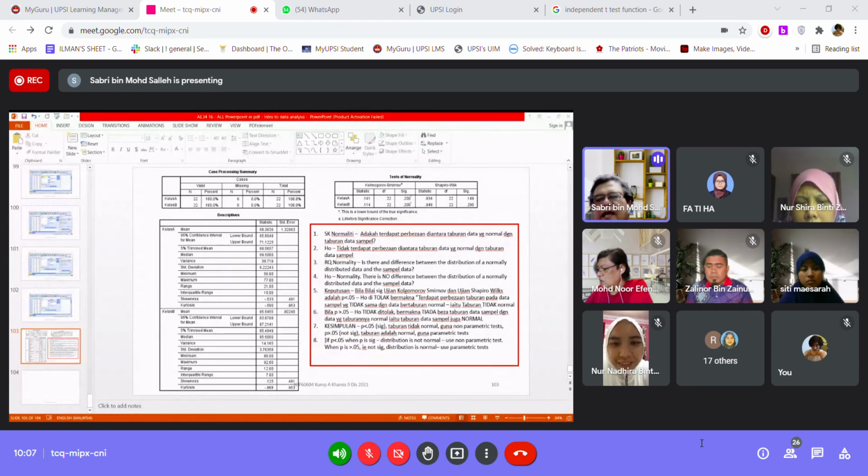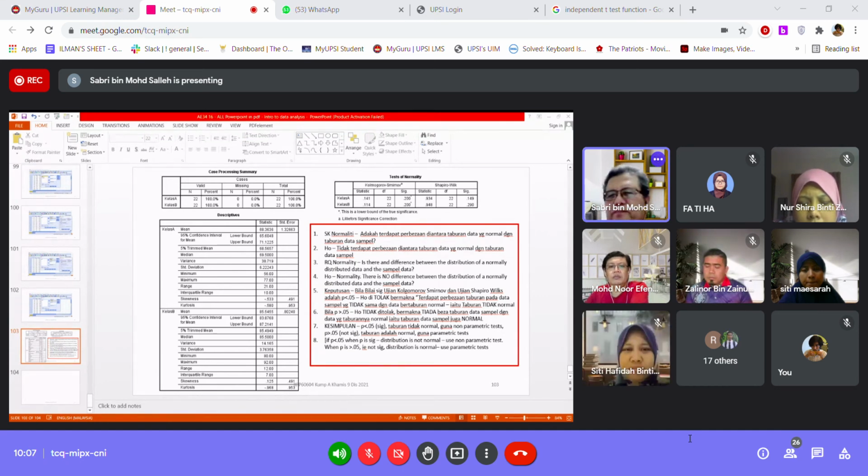Okay, sekarang ni kita dah go through independent t-test, untuk look at two independent groups. Independent t-test, we have full normal distribution, dengan sekiranya kalau tak, Mann-Whitney.